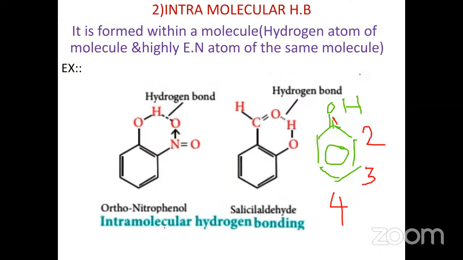If an OH group is present on the ortho position, then it is called orthohydroxy benzaldehyde. It is also called salicylaldehyde. Here the hydrogen bond is formed between the highly electronegative oxygen atom and the partially positively charged hydrogen atom. Thus, here the hydrogen bond is formed within a molecule. This is called intramolecular hydrogen bond.